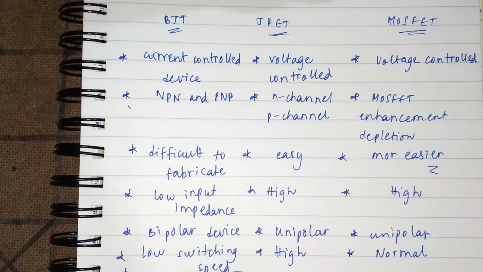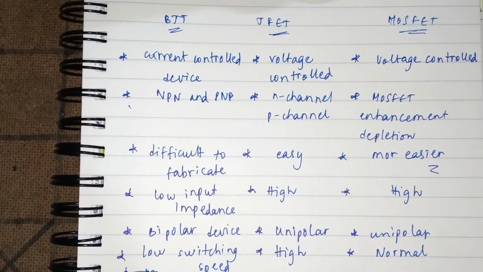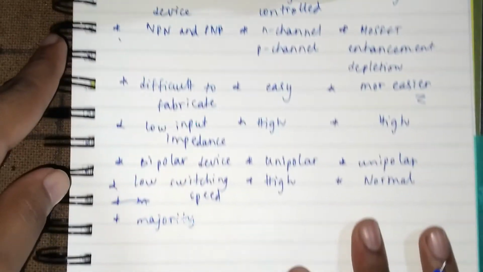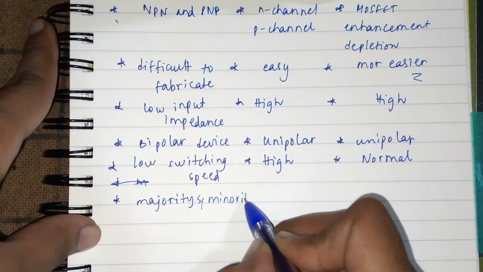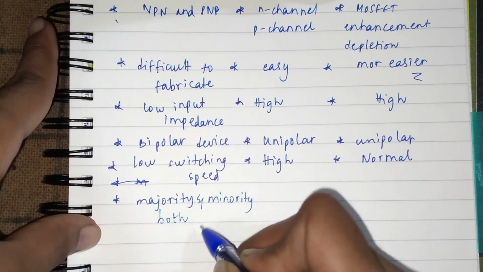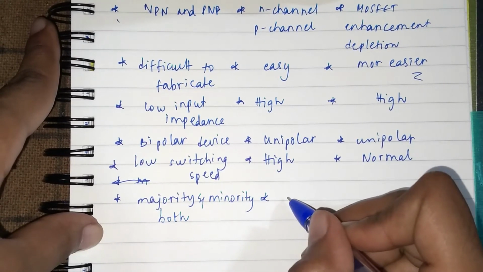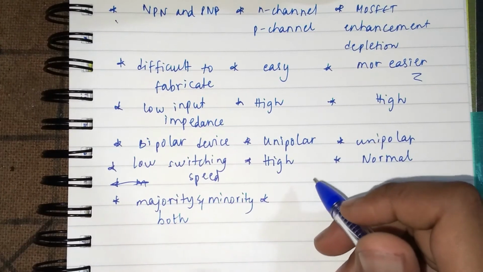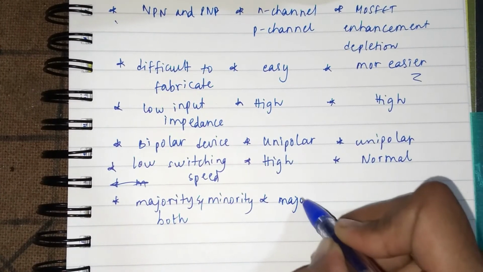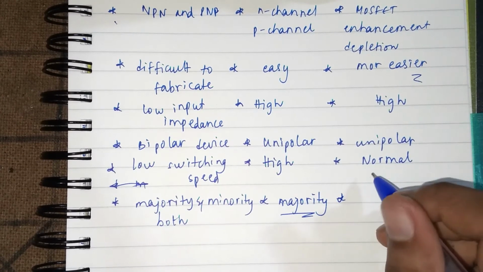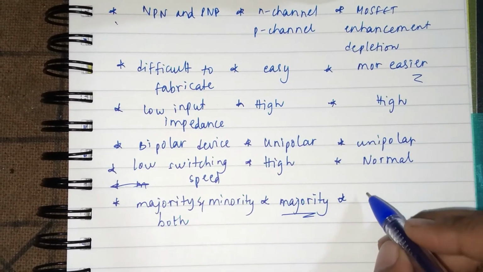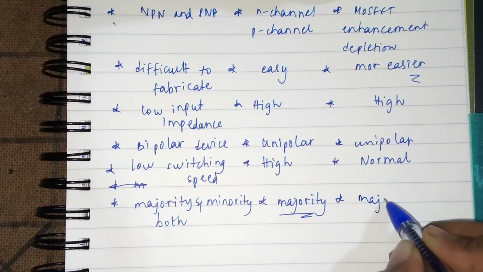In BJT, we have the conduction due to both majority and minority charge carriers. In JFETs, the conduction is only due to majority charge carriers. And the conduction in MOSFET is also due to majority charge carriers.